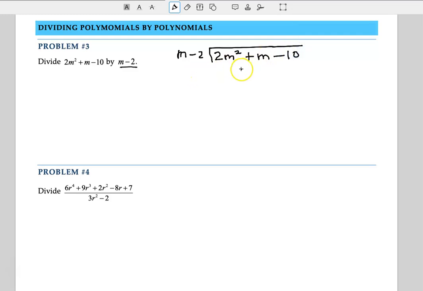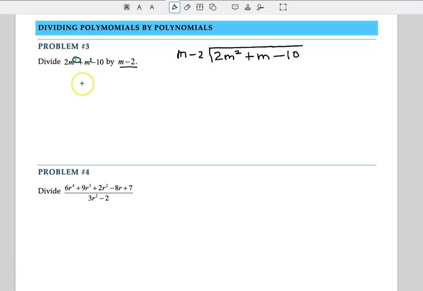Now, a couple of things you need to look for when we are setting this up is that we need to make sure both the divisor and the dividend are in descending order. So that means we have our highest exponent and then our next highest exponent and so on. So we've got to make sure it's in that order.